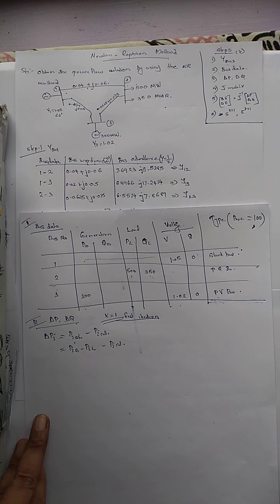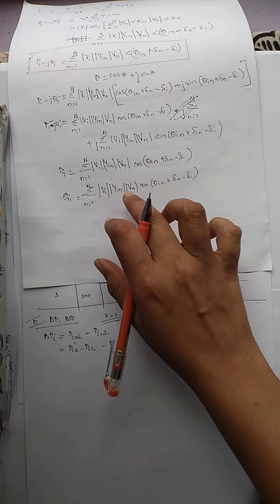And what will be the value for Pi calculated? That we have already found out during our last class. Pi calculated will be the real part of Vi conjugate into sigma n equal to 1 to N Yin Vn, or we can take the cosine value. So this is our Pi equation.